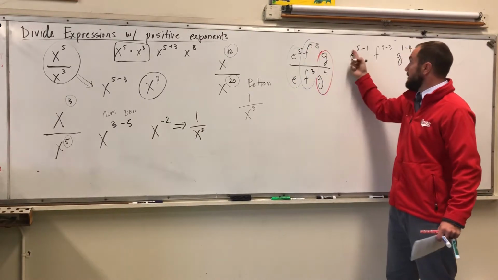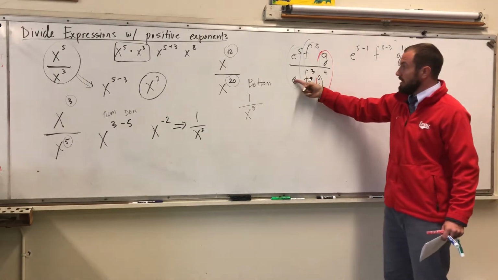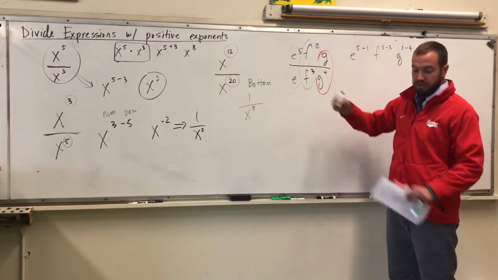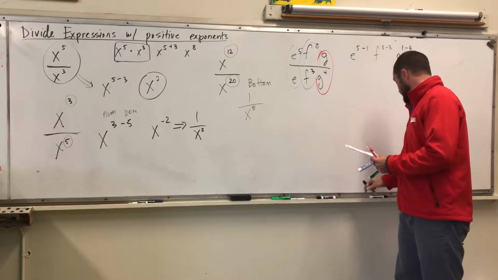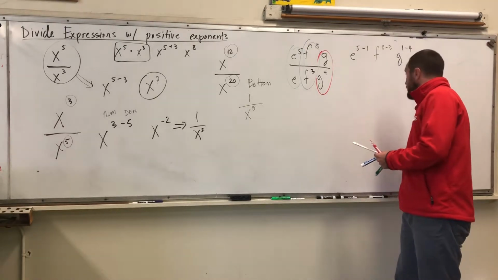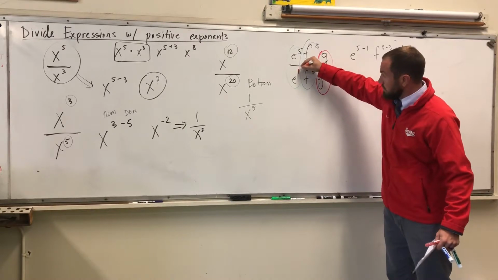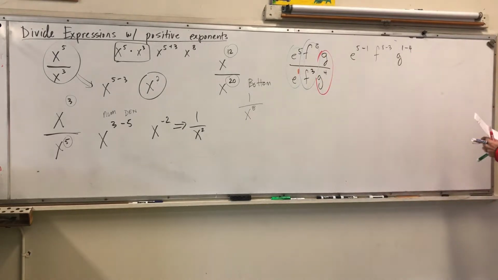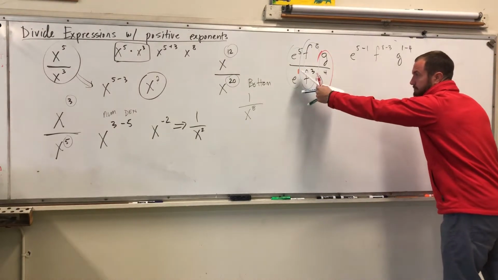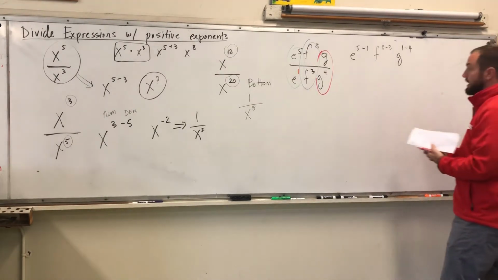So the numerator being 5 minus 1. Now I left the E without a variable here so you guys could see a case in which you don't have the variable and we assume that it's a 1. Okay, so if you see a variable without an exponent, assume it's to the first power.